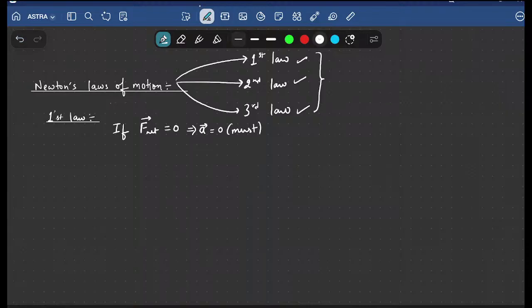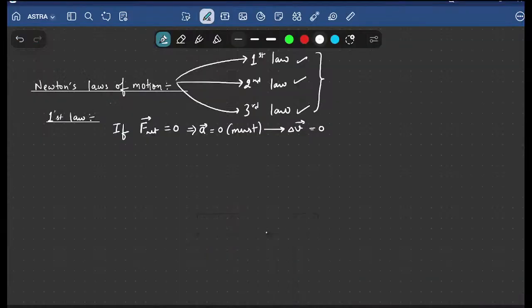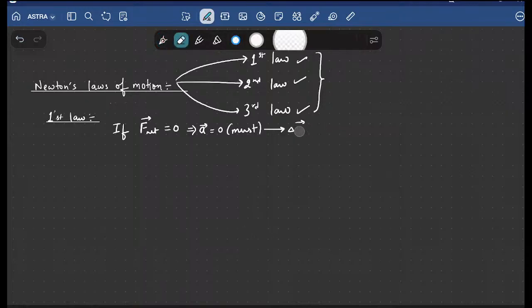What do you mean by acceleration being zero? It means that the change in velocity vector is zero.